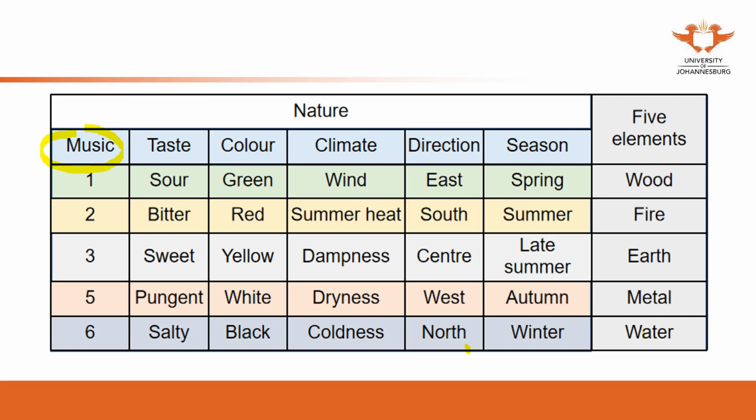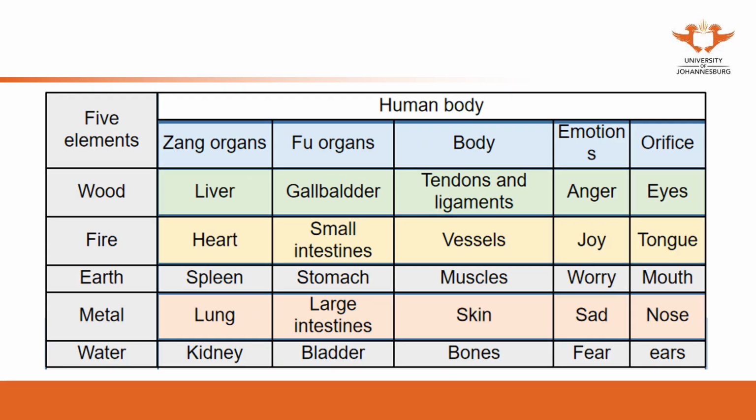These sounds are related to different elements. They are also related to different organs. So when we have different organs, we can use the music to treat diseases. How to treat diseases? That's also from the 5 elements.